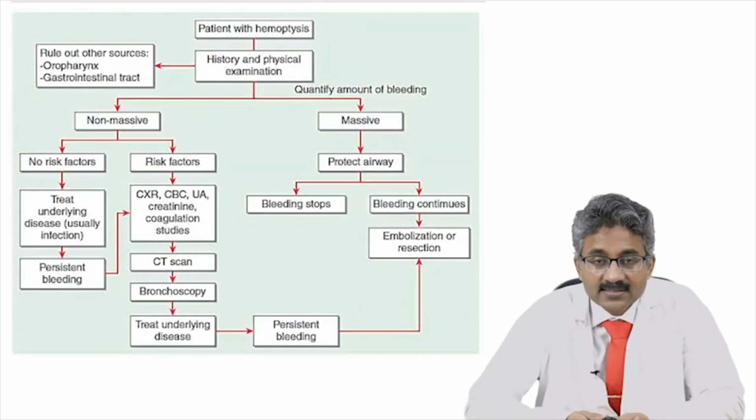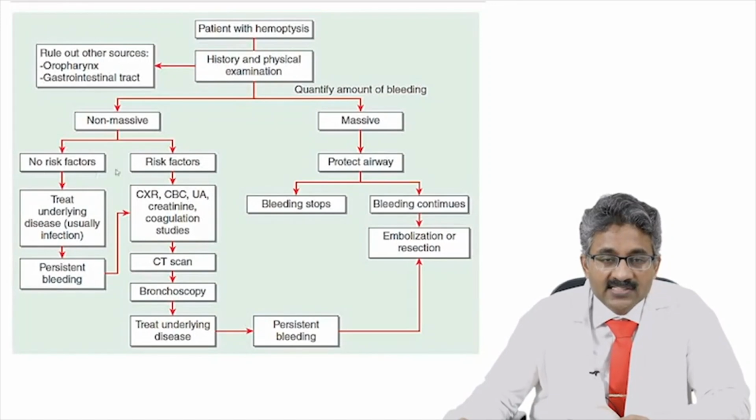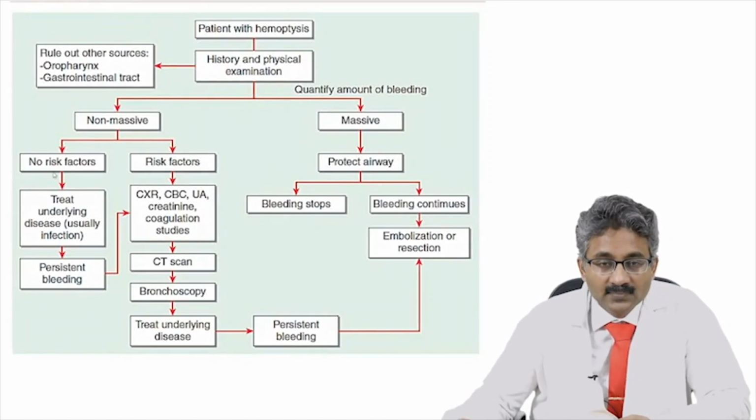Students, if a patient with hemoptysis is there, you do history and physical examination. First, you rule out whether it is hematemesis or bleeding from the oropharynx. Then it can be non-massive or massive. If it is non-massive and there are no risk factors like smoking, then just treat the underlying cause.